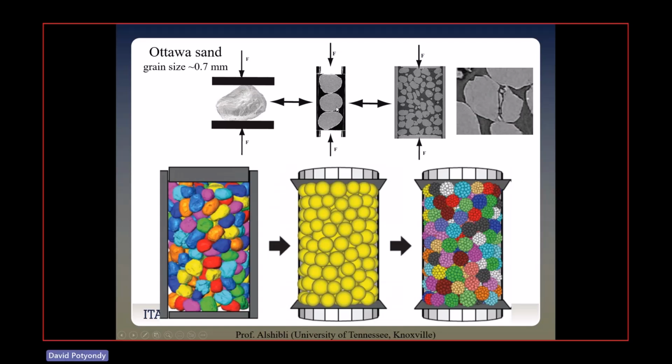This is work by Professor Al Shibley at the bottom here at University of Tennessee, and he actually can perform these experiments, and he can get these electronic images of these systems at this scale. He uses a synchrotron as part of this process to get these things. He's done a reasonable amount of PFC modeling over the years.